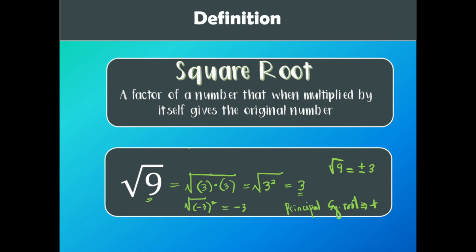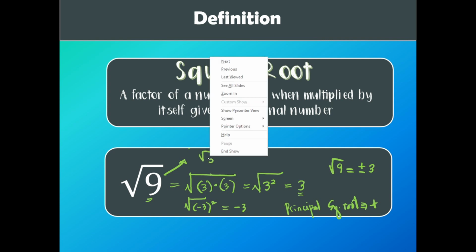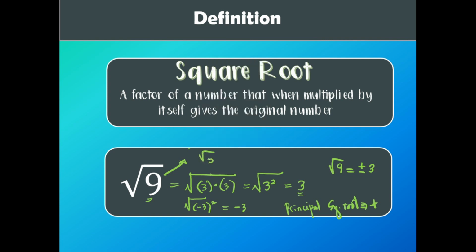So, since yung 9 natin can be rewritten into 3 squared, no? So, yung 9 is tinatawag na perfect square. It has perfect square. Ibig sabihin, may factor siya na multiply by itself.